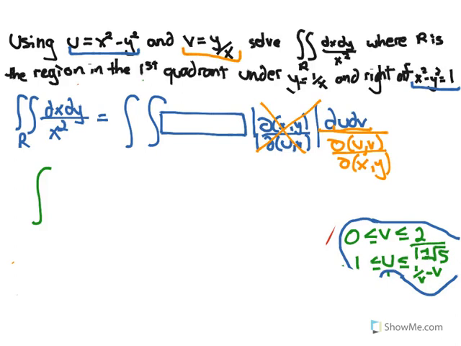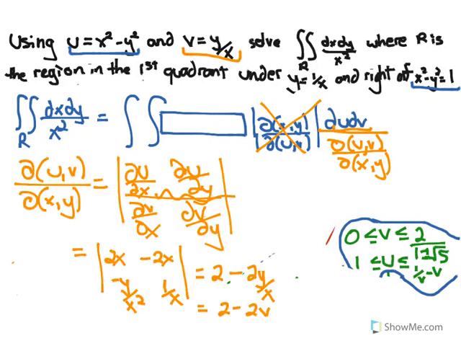So, I've got my two integrals. We've got 1 over x squared, and we're going to have to do something about that because we don't want any x's or y's in there because we're not differentiating with that. And we've got du dv over 2 minus 2v.